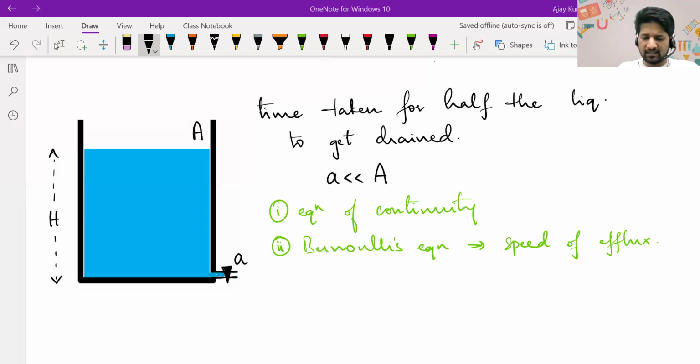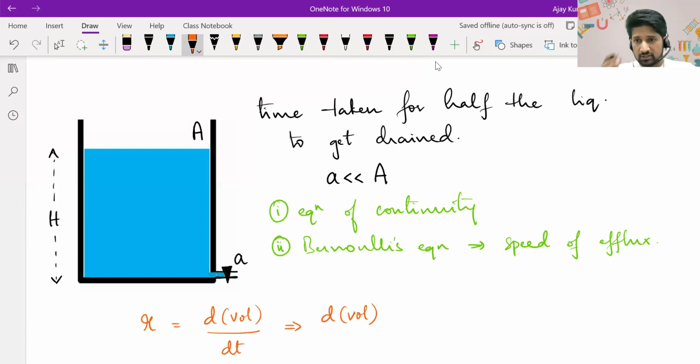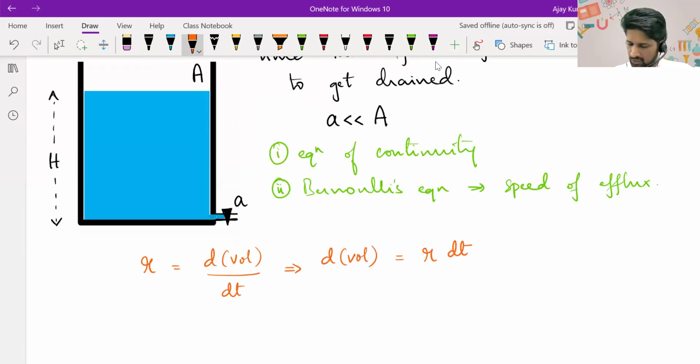So let's write a rough equation. Let's say R is equal to the rate of flow of volume per unit time. So the small volume that flows out in a short interval of time is that rate multiplied with dt. We don't know the rate yet. If you want to find the time taken for volume to change by a significant amount, you will have to integrate both sides.